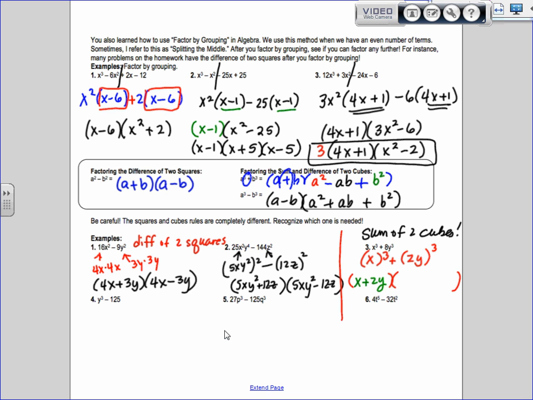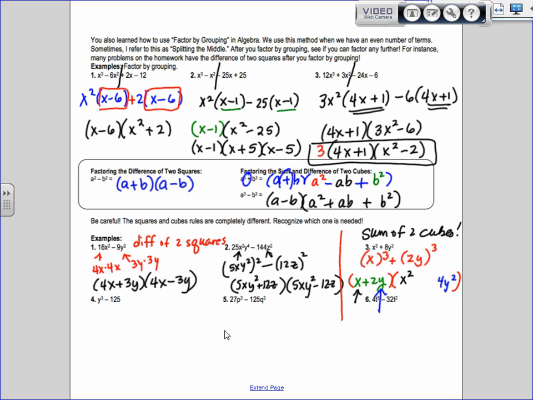And then for the trinomial, I look at the a and the b. So this is my a, in air quotes. If I have x and I square it, x times x is x squared. That's what I put here. And then on the end, I do 2y times 2y, which is 4y squared. And then I multiply the two items together.